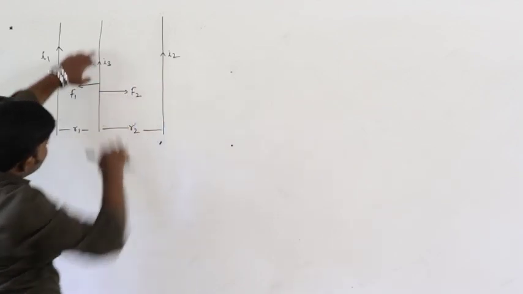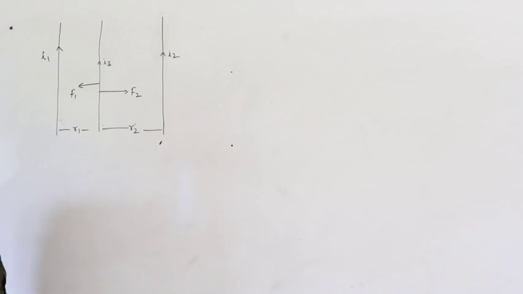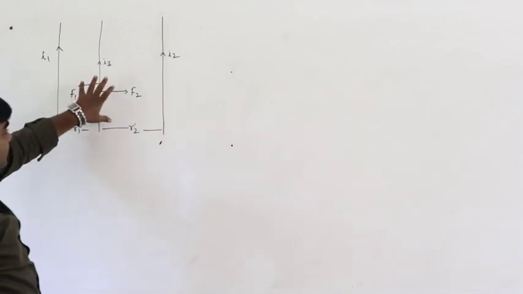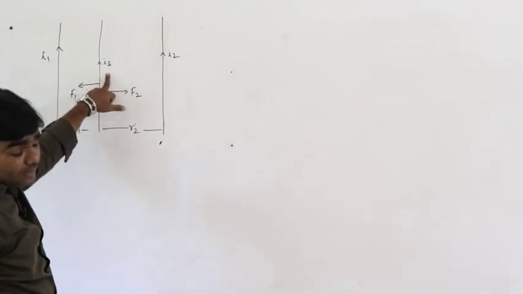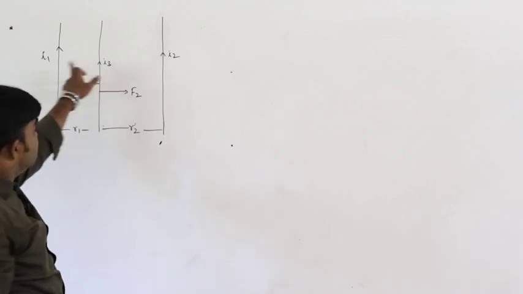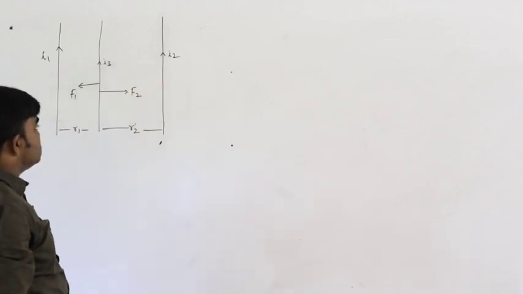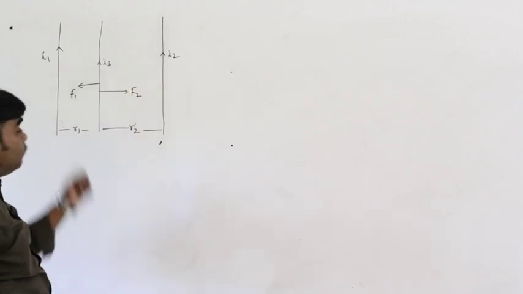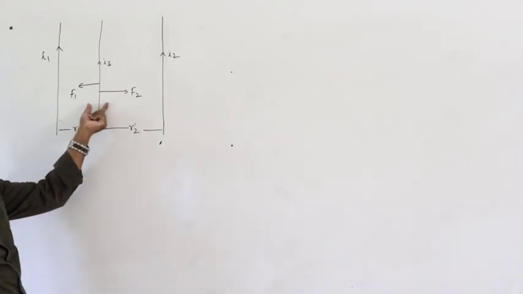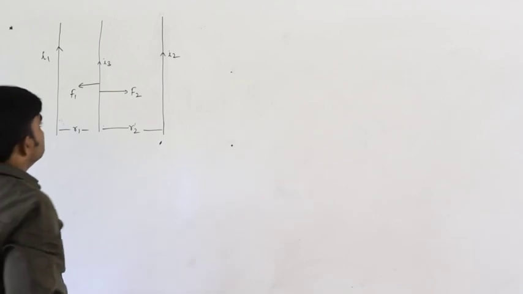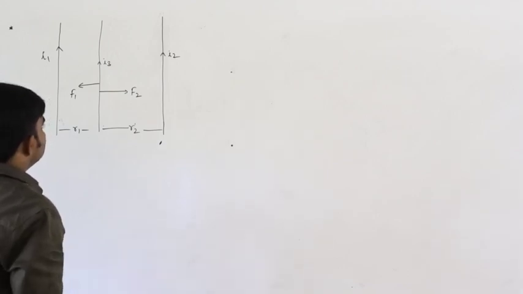Another conductor carrying current I3 is placed between these two conductors. Then what is the net force acting on this conductor?